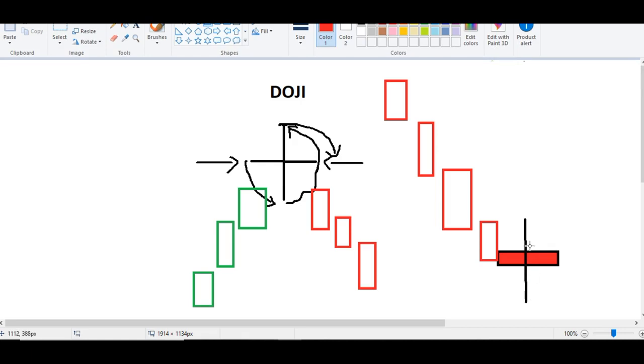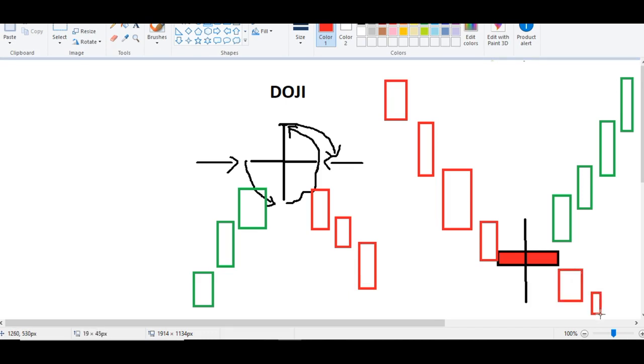There's a fight going on, and so one or the other is going to come out as a winner. So now if you get a big green candle after, that is saying bulls have control now and they may reverse the price. Now the other way might also happen. Let's say that the bears come out as winners, like this, and so the trend will continue.